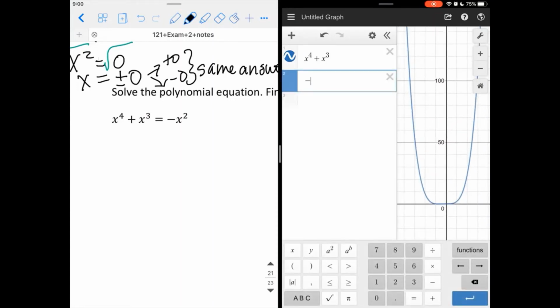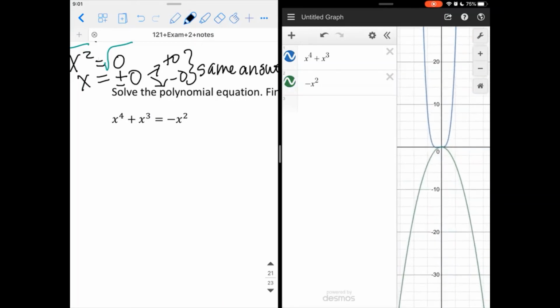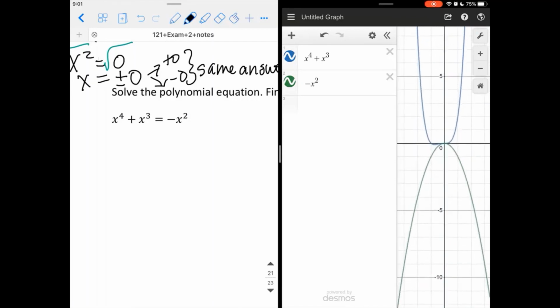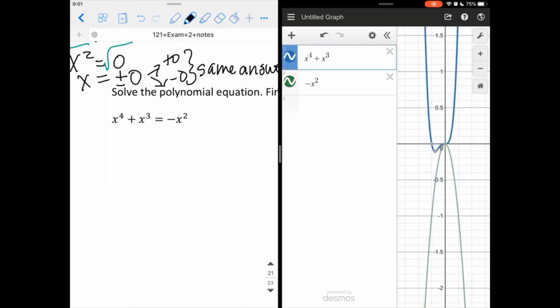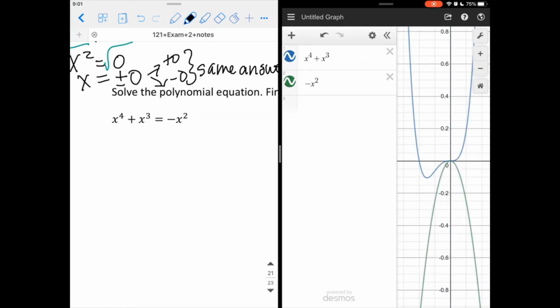And on the other side, I have negative x squared, which is just a parabola upside down. So where is it that they are going to intersect? So I'm going to zoom in here. That's the beauty of Desmos. So if you notice, we have one answer right there.